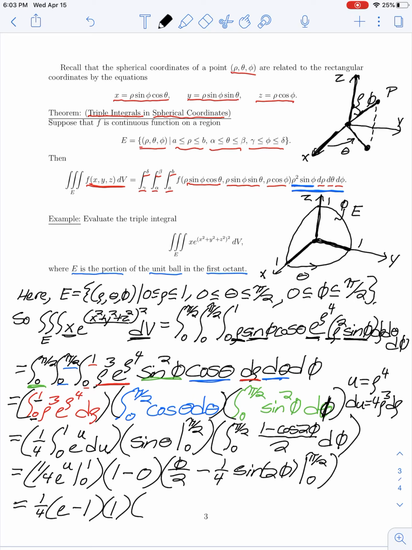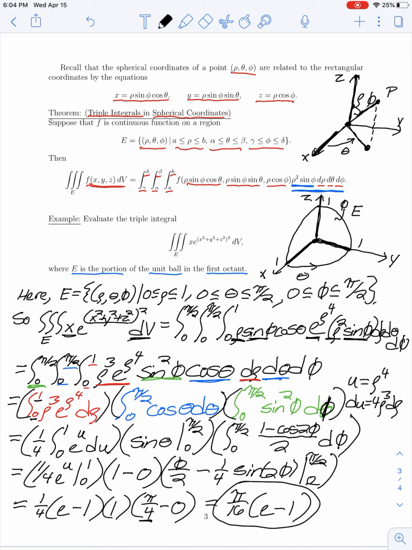And then our last term, plugging in pi over 2 for phi, we have pi over 4, minus 1/4 times sine of pi, which is 0, and then subtracting what we get when we plug in 0, we have 0. So altogether, if I pull my constant pi over 4 out in front, I have pi over 16 times e minus 1. So this would be the value of that triple integral over this portion of the ball.